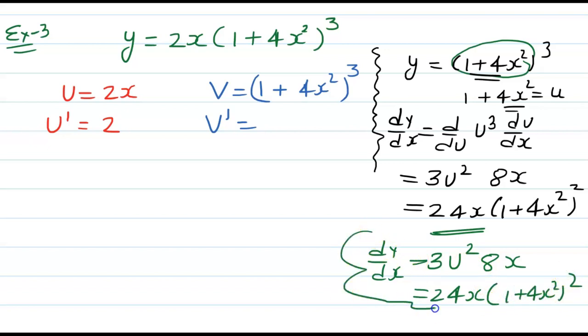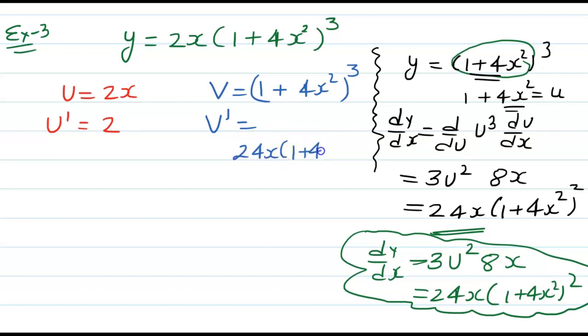So this is our shortcut method of finding this, right? So v dash, what we got here, is 24x times 1 plus 4x squared to the power 2.